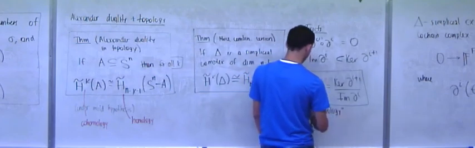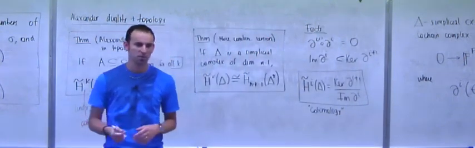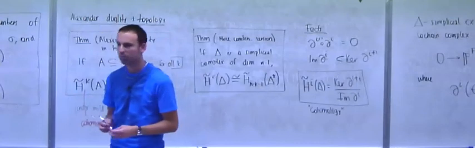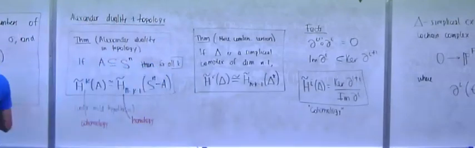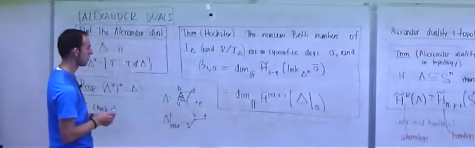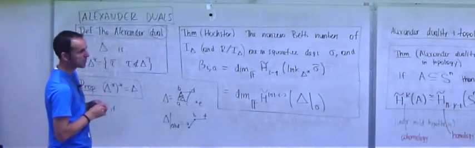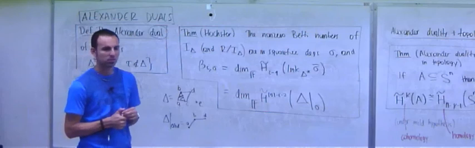Okay. And so depending on what you're trying to do, sometimes you want to use homology, sometimes you want to use cohomology. And if you look at the structure of this theorem, it actually seems like it is more natural to use cohomology, because the formulation is cleaner in that term. So that's it. So you kind of have to play with some examples to figure out what this cohomology is.